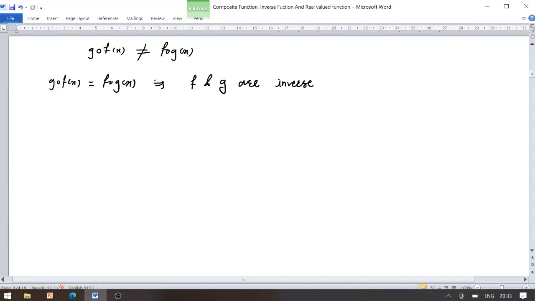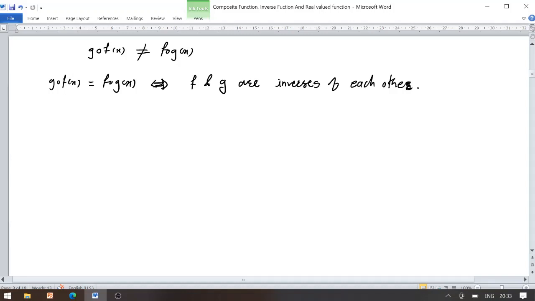So there is a two-way implication, keep in mind, inverses of each other.